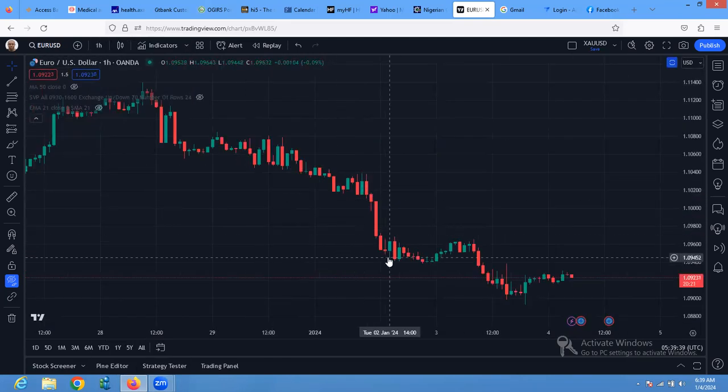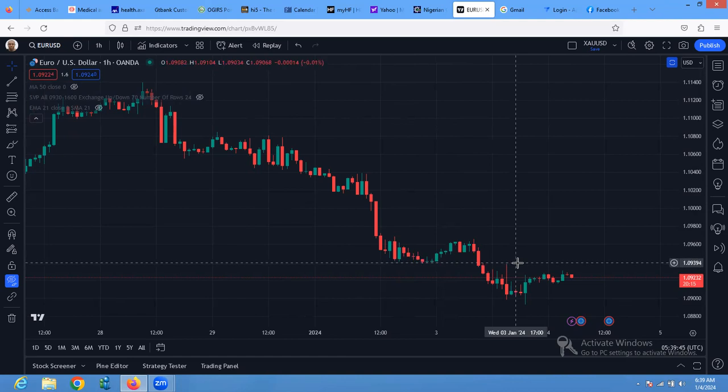On the 1-hour time frame, it will trade down to this area, which we have to break. This area is 30 pips below what we said, and that is 1.09390. This area has to be broken.